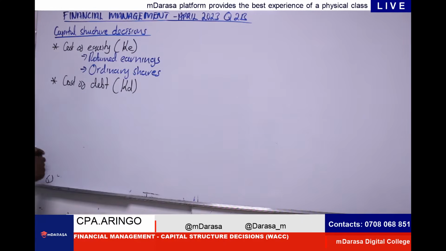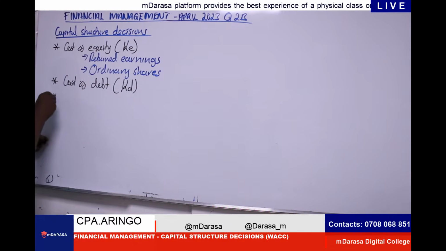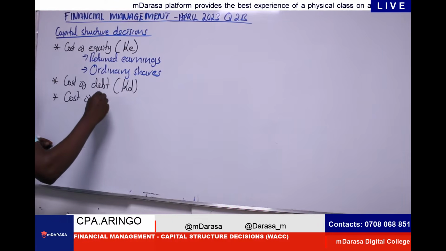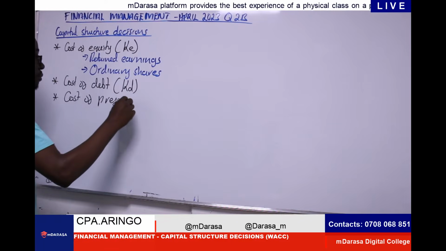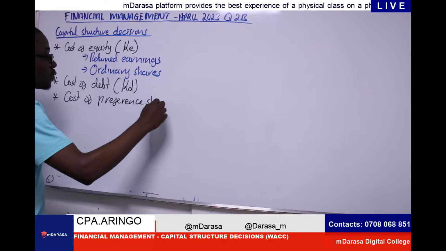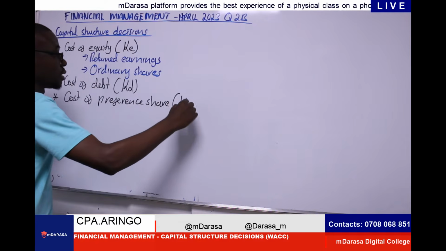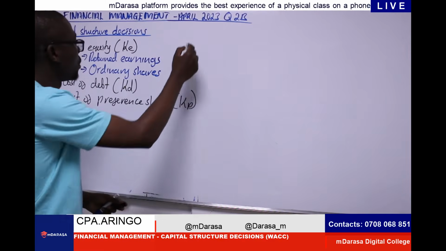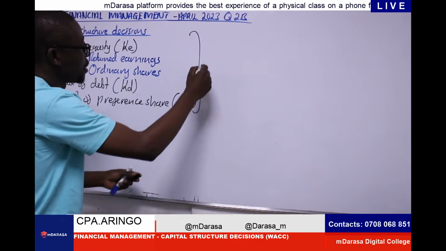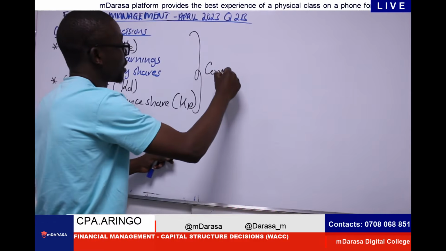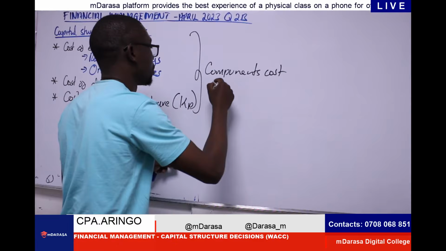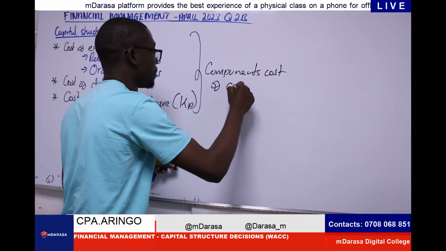So after that, it is important also to have a recall on the other component, which is the cost of preference shares, symbolized by KP. So after we've looked at this case, these are now what you're referring to as the components cost of capital.